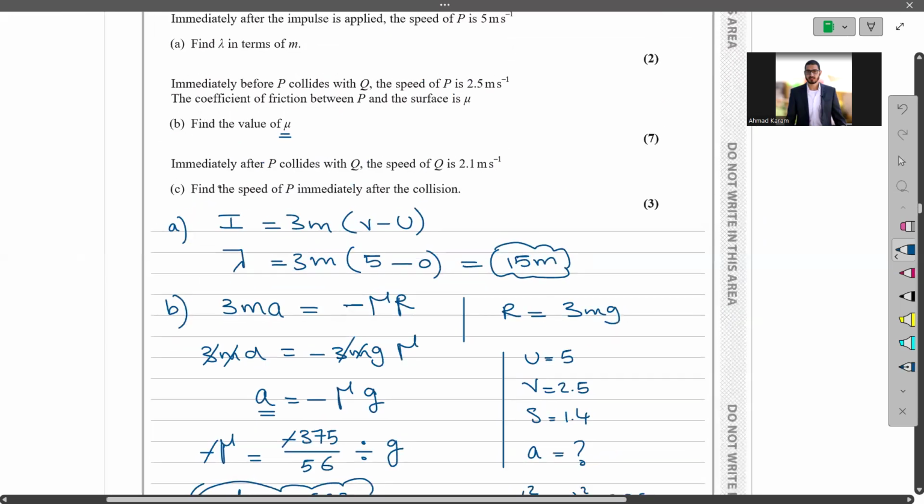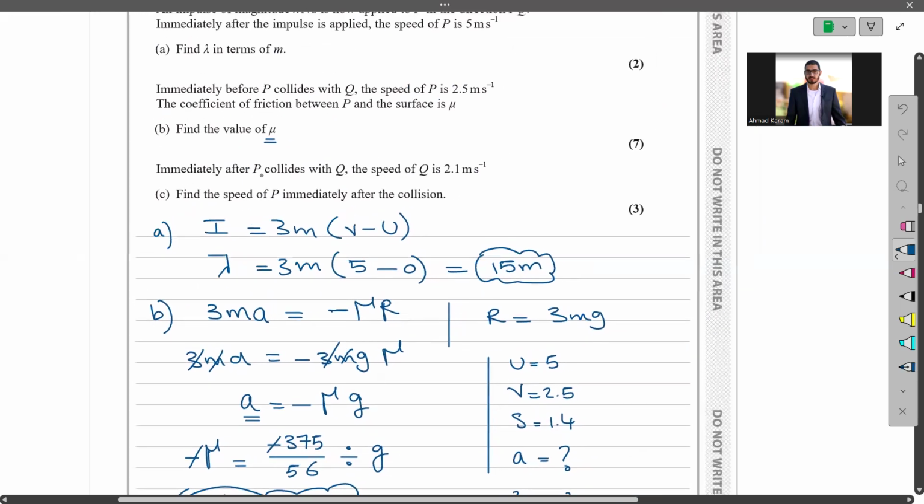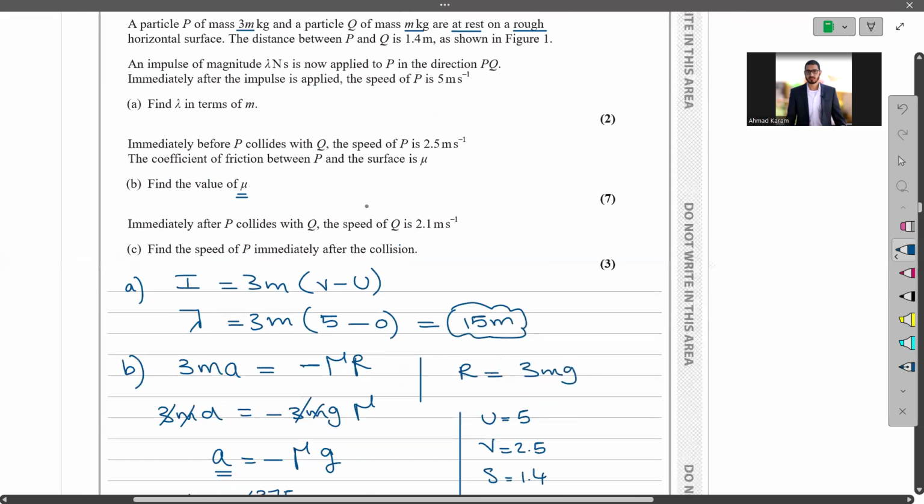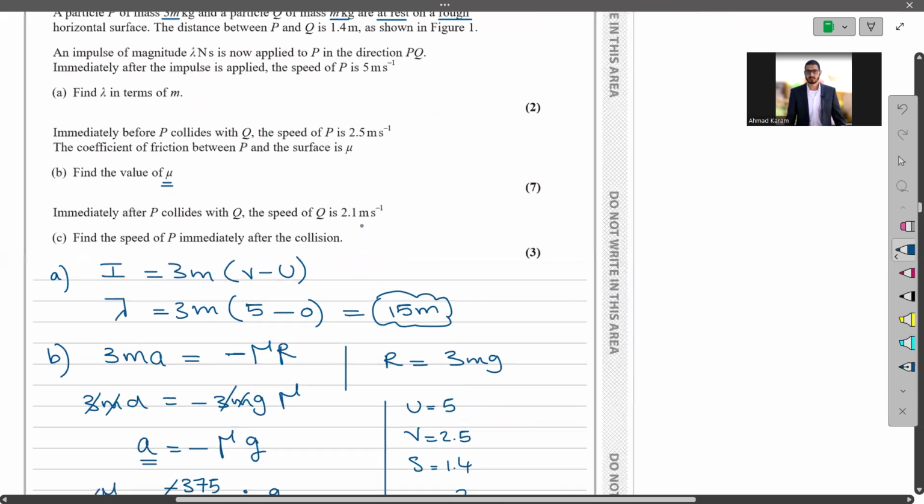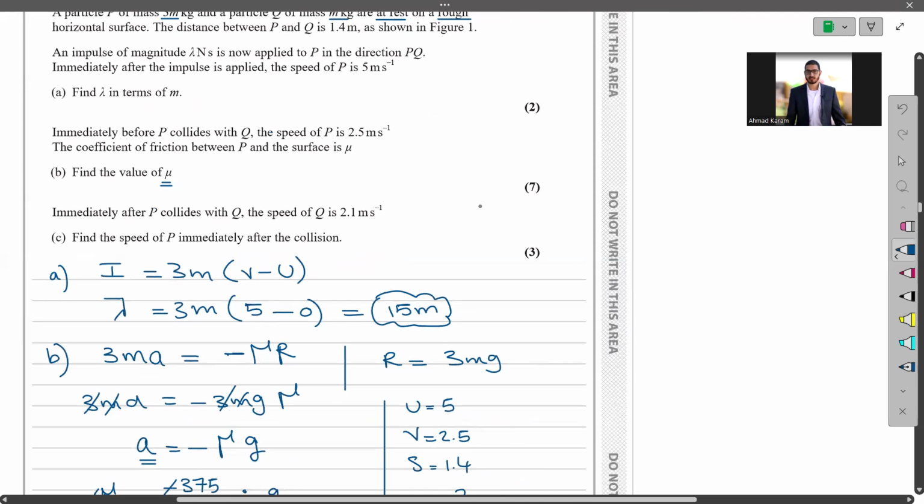Part C: find the speed of P immediately after P collides with Q. The speed of Q is 2.1 meters per second.